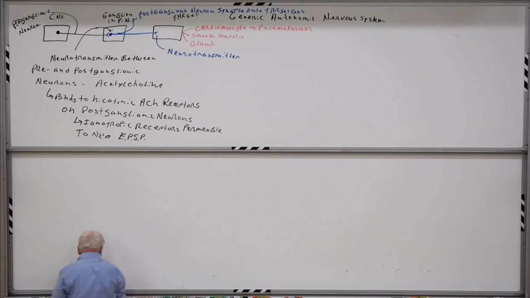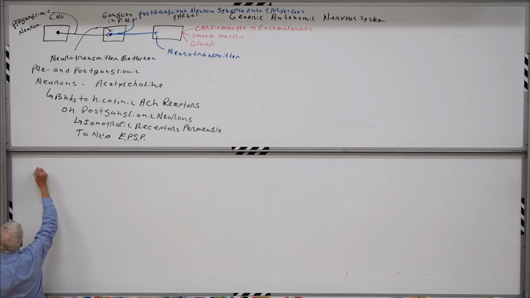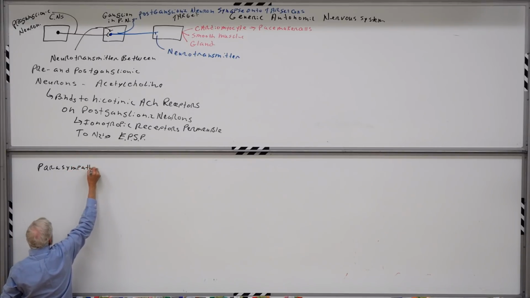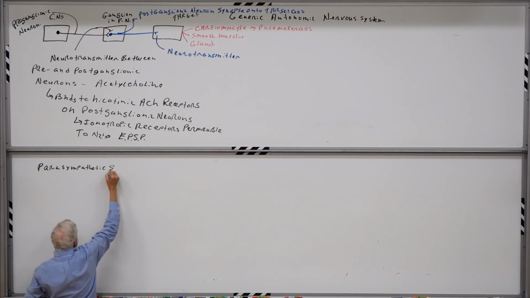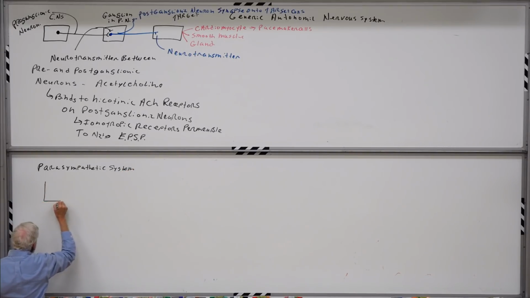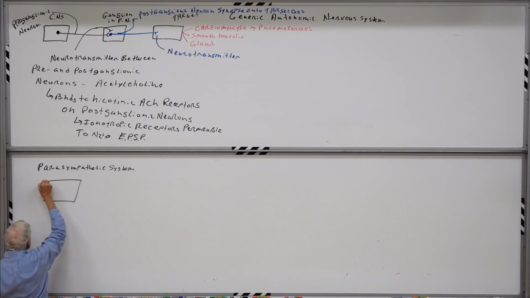if we now draw a three-box model, let's do the parasympathetic first. For parasympathetics, we'll now talk about this box as being the central nervous system, but in this particular case, because it's parasympathetic, it's going to be brainstem.